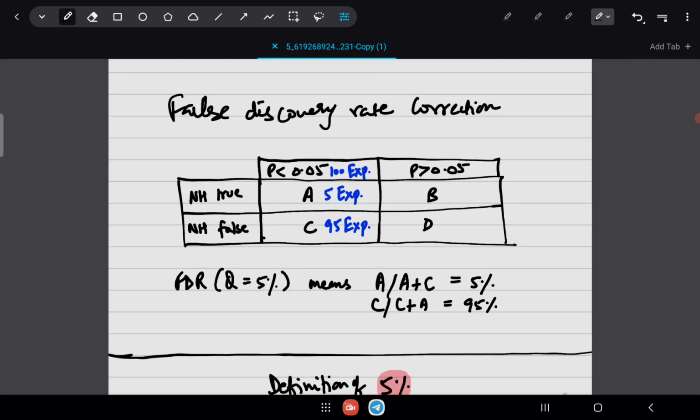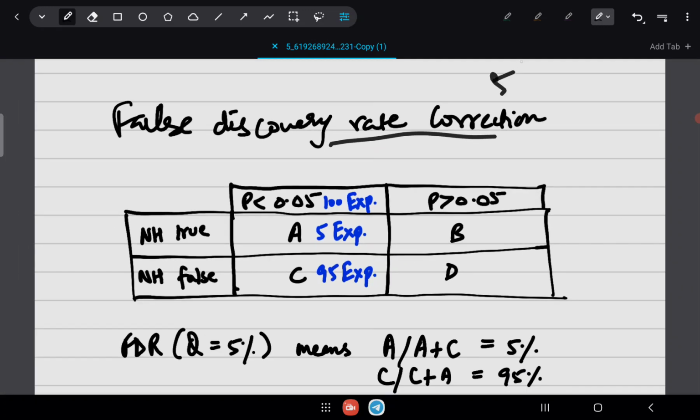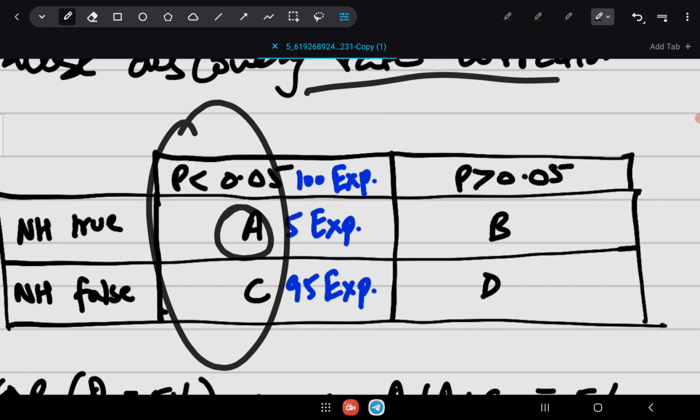Similarly, let's say you have done correction with respect to false discovery rate and not Bonferroni correction. In false discovery rate, you are maintaining the FDR, let's say at 5%. In that case, A by A plus C will be 5%, because of all the discoveries you have made, how many are false? That is your false discovery rate.